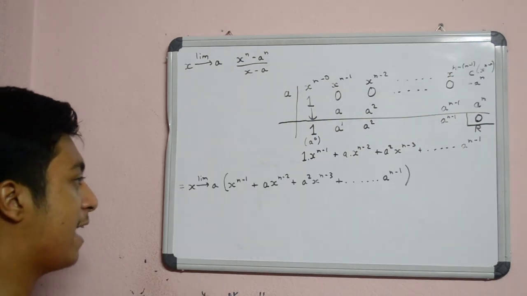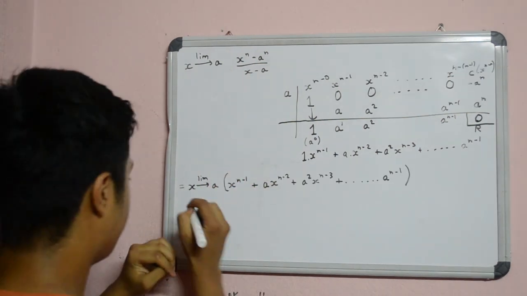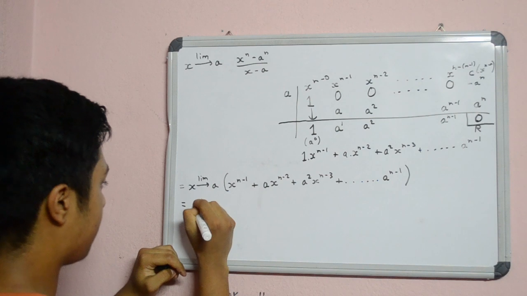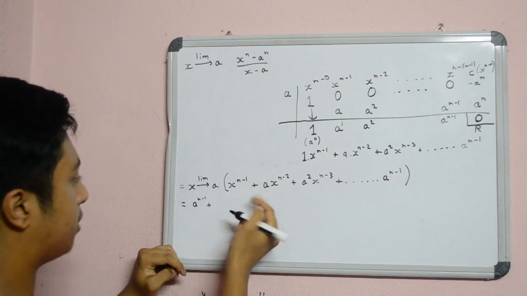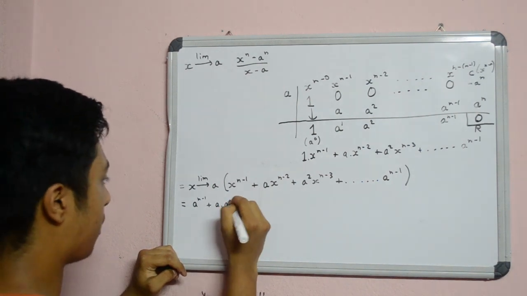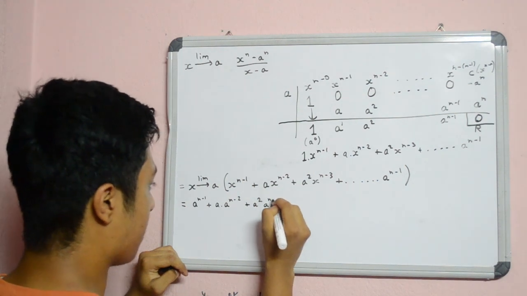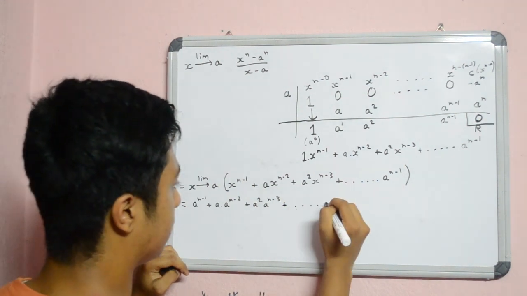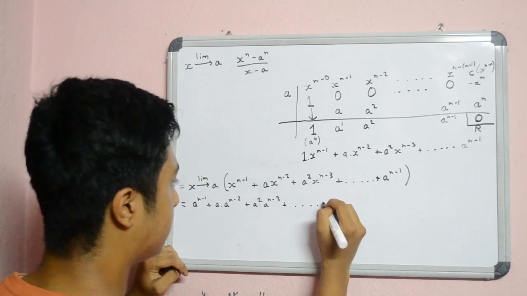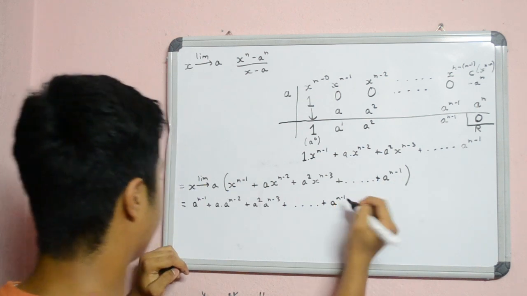We'll have this, and now we can put the limit in. So we're going to have a to the power n minus 1 plus a into a to the power n minus 2 plus a square into a to the power n minus 3 plus, and so on till the end, I'll just write, add a to the power n minus 1.